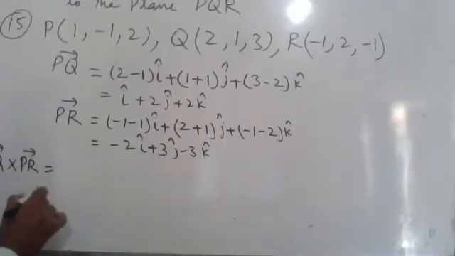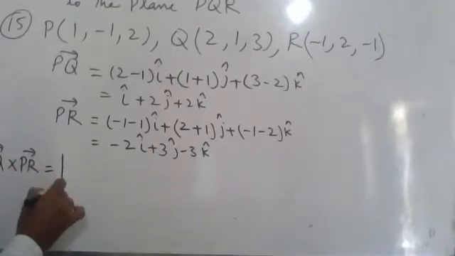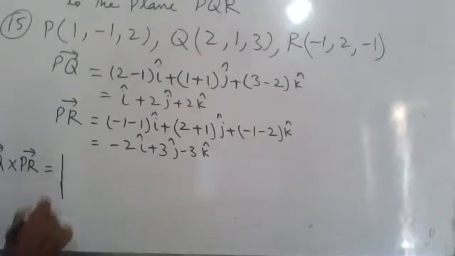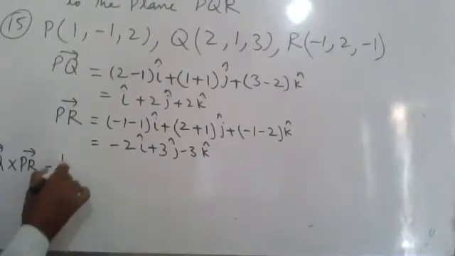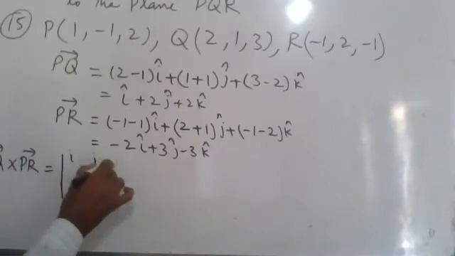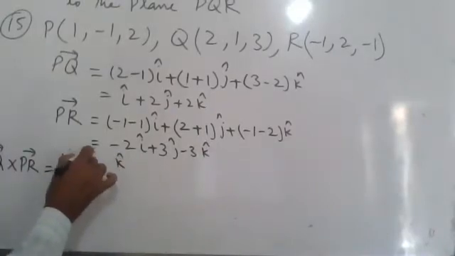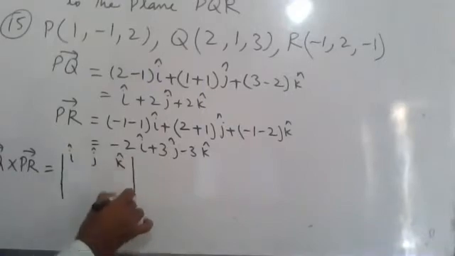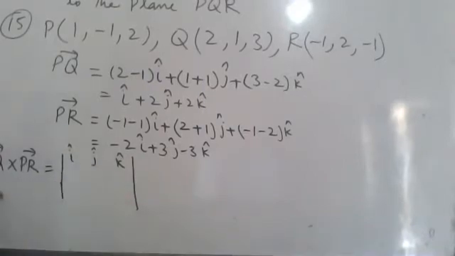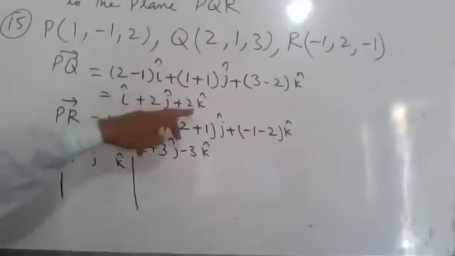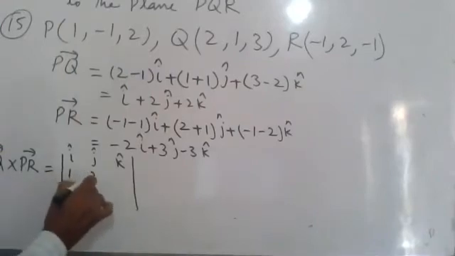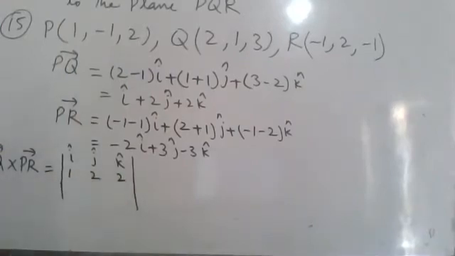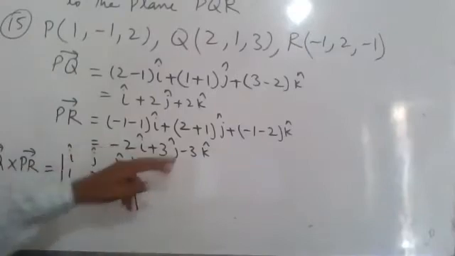It will be equal to, by the method of determinant, i, j, k. First PQ: 1, 2, 2. Then PR: minus 2, 3, minus 3.